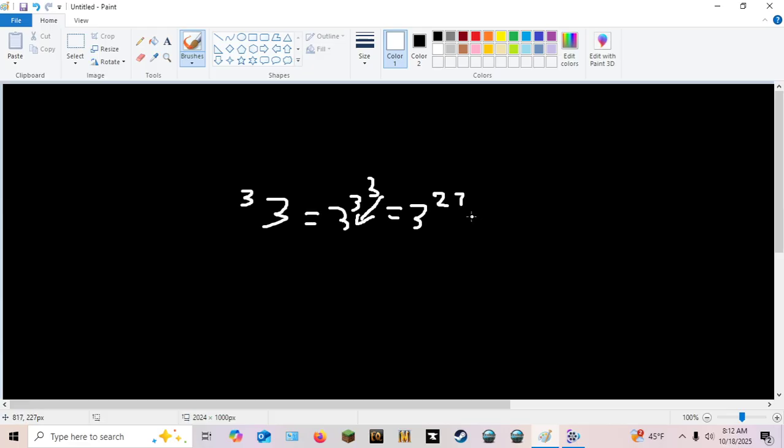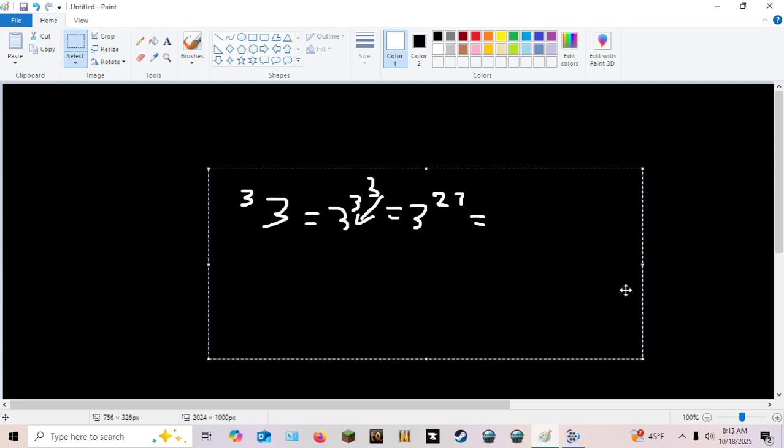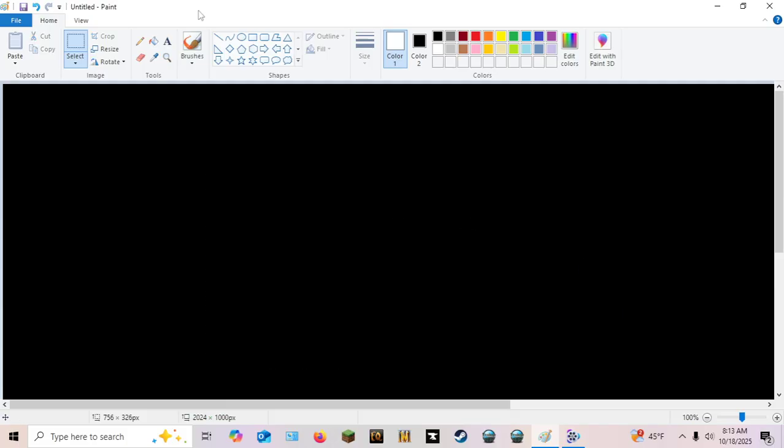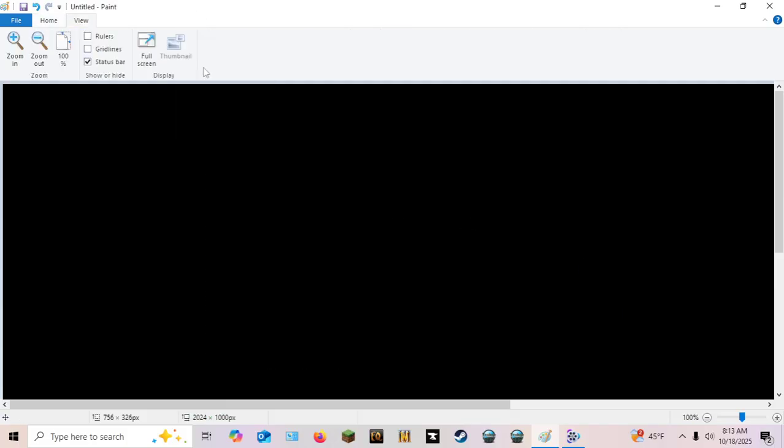And 3 raised to 27 equals, if I type it in a calculator, it's going to be very large. If you use a calculator, it's going to be 7625 something like that, but it's going to be trillion or billion. So yeah, that's the answer.